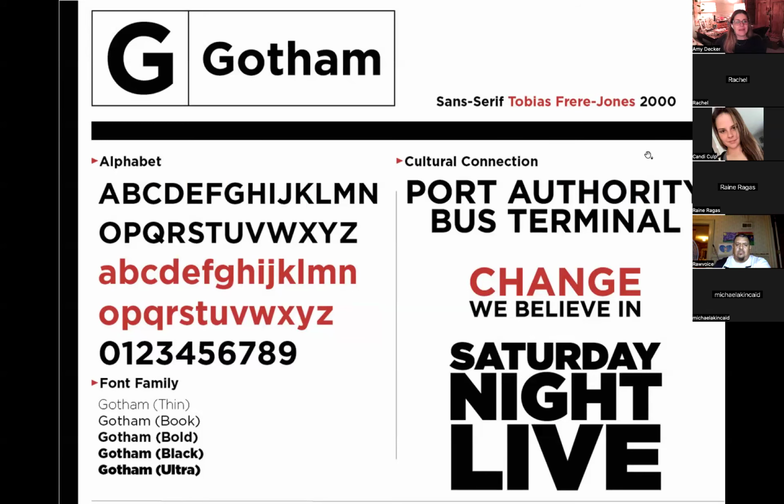And then this typeface, Gotham, was designed in the year 2000. Can anyone tell me what major movement projected this typeface to stardom, if you will? There are over 100 fonts within the type family.